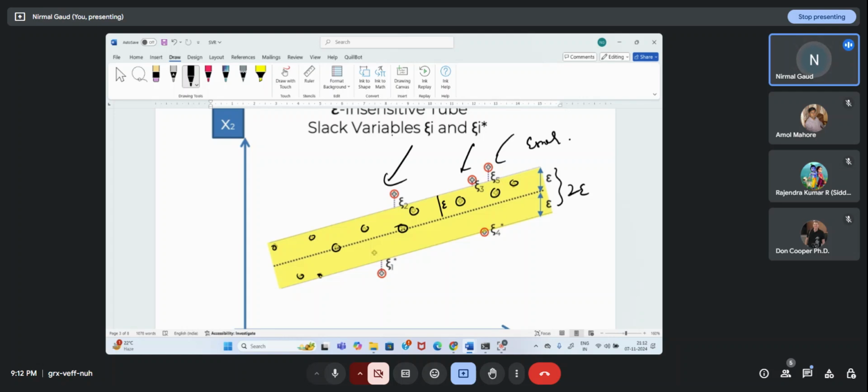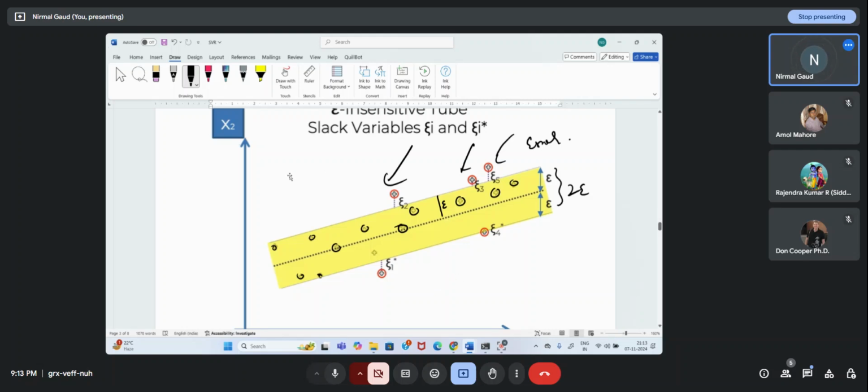In the diagram I was explaining it looked like this, but it isn't a perpendicular thing. Here you can see how epsilon is made. So 2 epsilon, here it is, and then the slack variables.